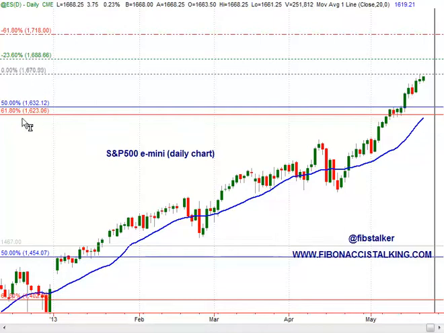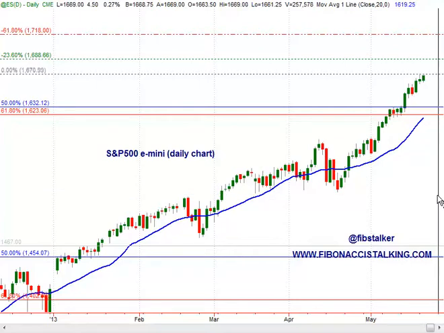But if this 1623 fails, then it's very probable we are going to see a 180 point sell-off, and this is going to be very quick, maybe taking 2 or 3 weeks to 1 month, and we could see price into this 1454. And this is it for today.